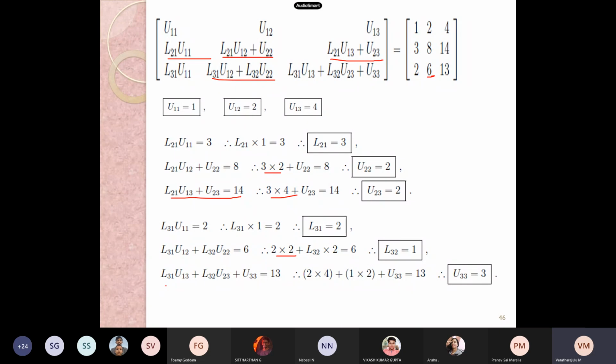And now the last term, that is L31 U13 plus L32 U23 plus U33 is equal to 13.